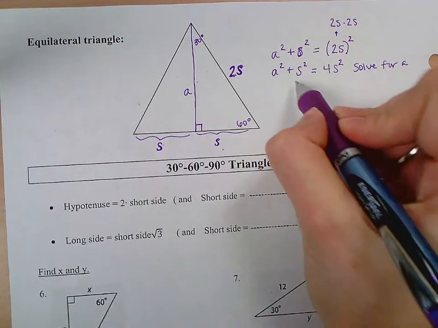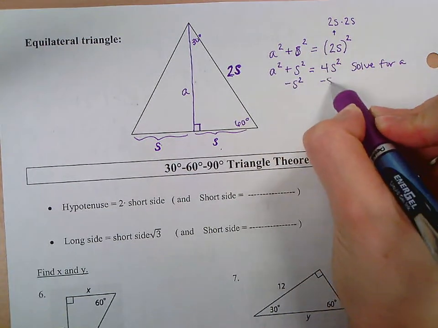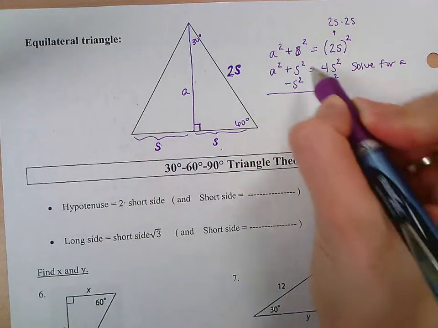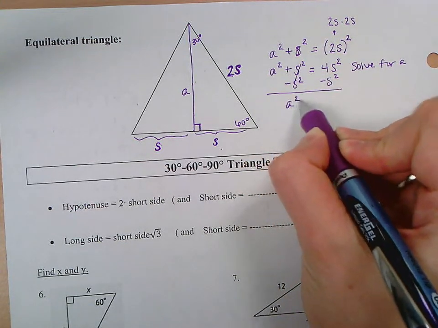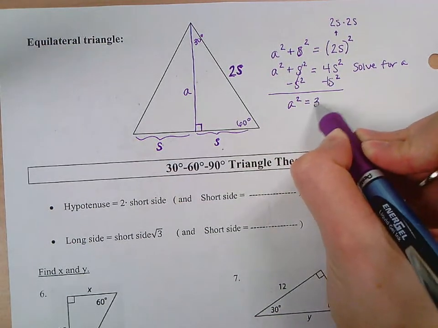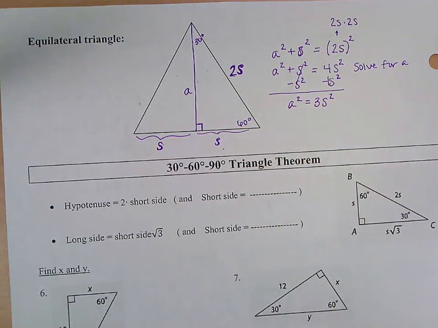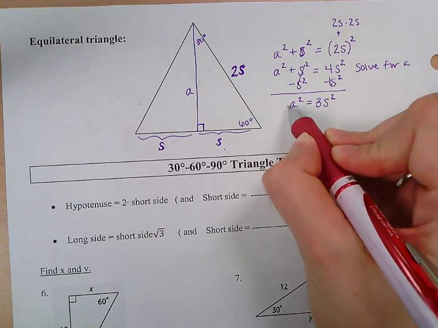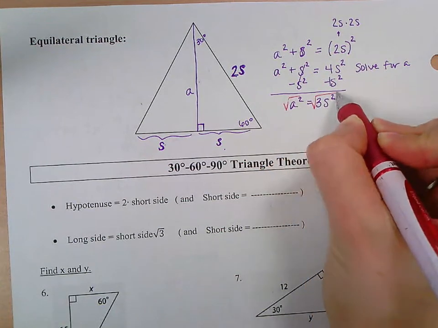So I would subtract S squared, and that's 1S squared. So I get A squared is 4S squared minus 1S squared is 3S squared. And then to solve for A, I would take the square root of both sides.